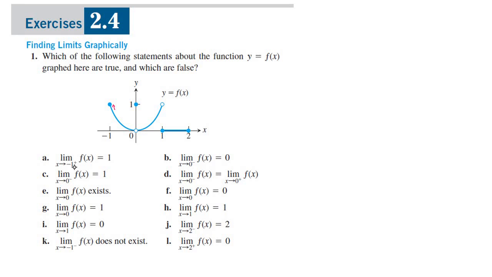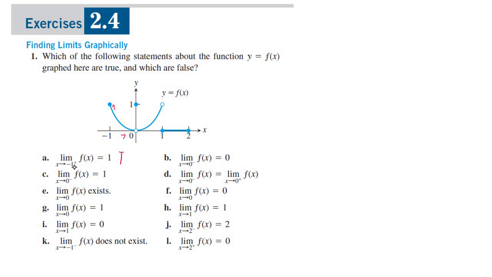This is true because from the negative side it's not defined, but from the positive side it tends to 1, so this is true. Here, if you look at x tending to 0 from the negative side, that is 0.